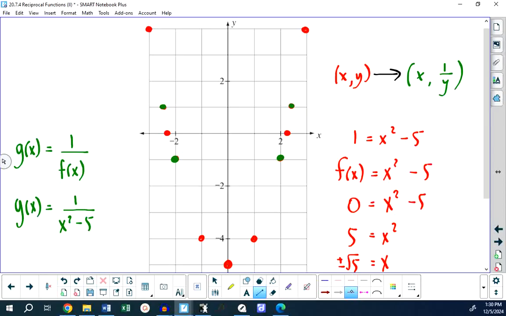It gets tough for me because when I draw a vertical line on here to indicate an asymptote, my vertical line is quite thick. But we are going to have vertical asymptotes on the x-intercept positions of the original function because x-intercepts have a y-coordinate of 0, and you are not allowed to take the reciprocal of 0.